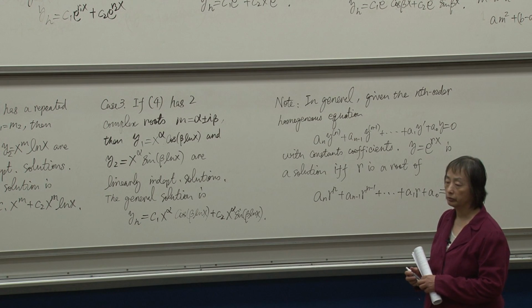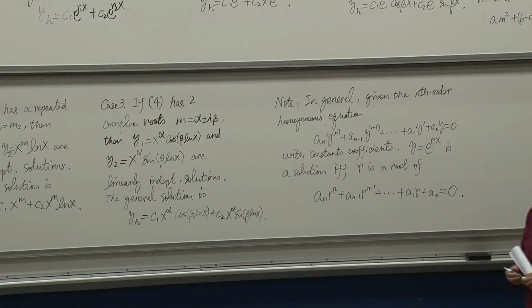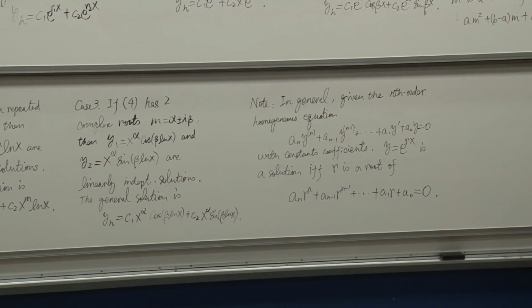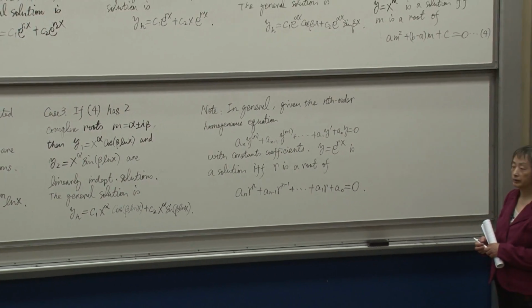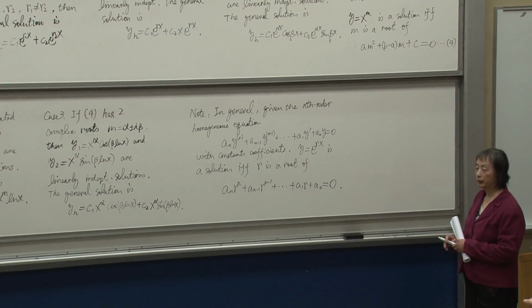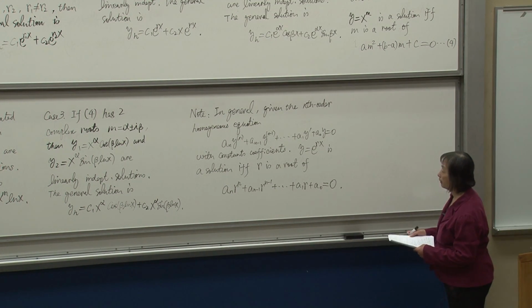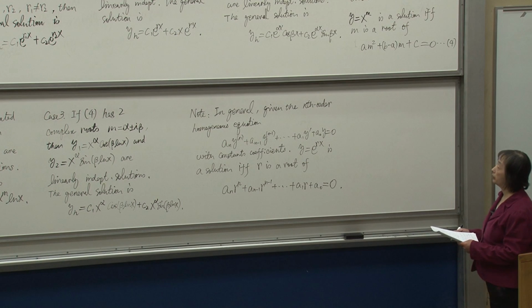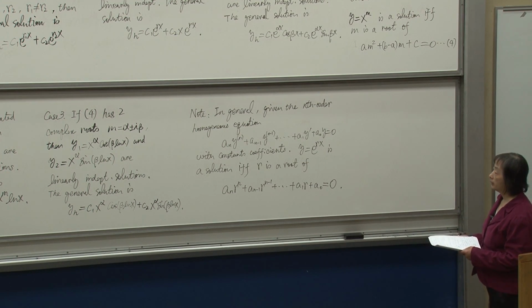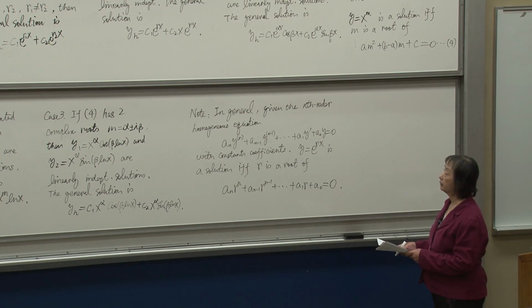We consider only real roots. For more complicated roots, we have to have some other class to consider because it's a little bit more tedious. Okay, so this is review for homogeneous equations.